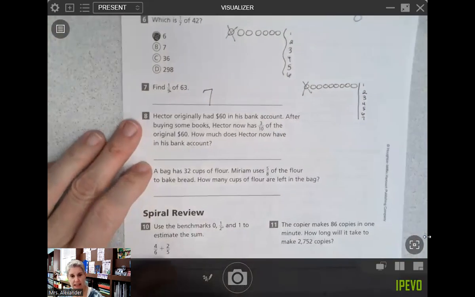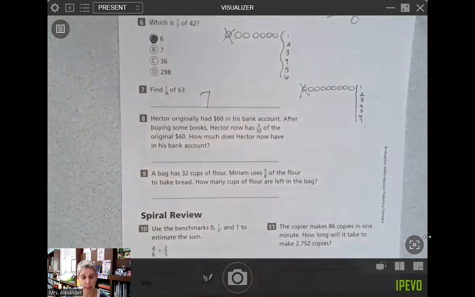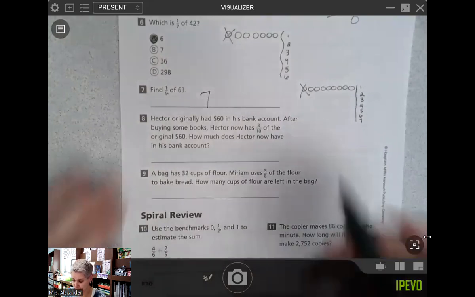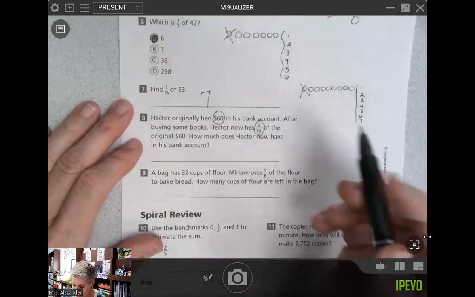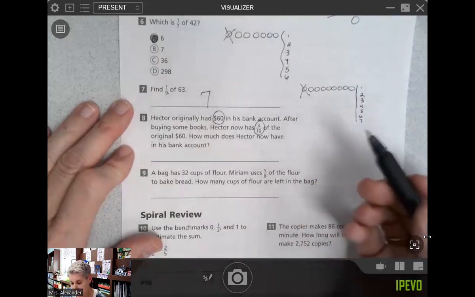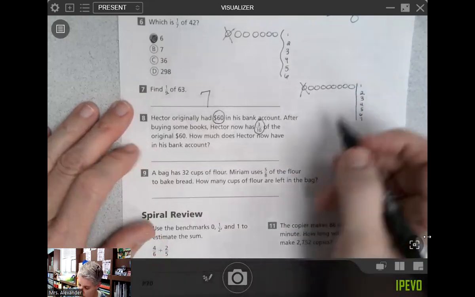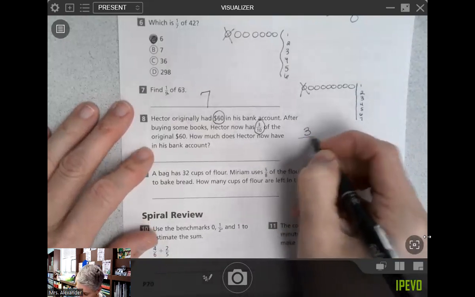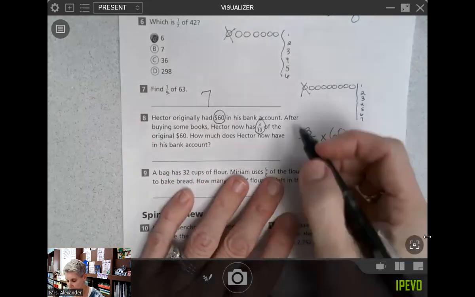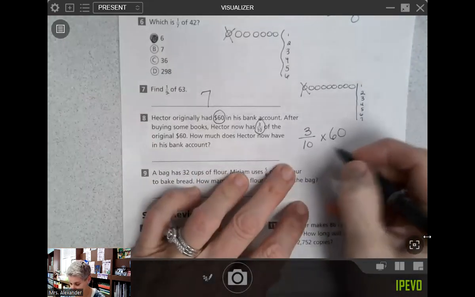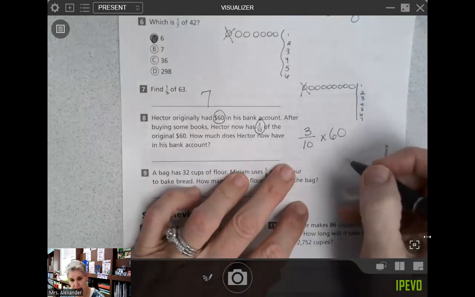Hector originally had $60 in his bank account. After buying some books, Hector now has 3/10 of the original $60. How much does Hector now have in his bank account? So he had $60 and he spent some of it, and now he has 3/10. So if I say he has 3/10 of $60, I could draw out groups of 10, and I would have how many groups of 10?